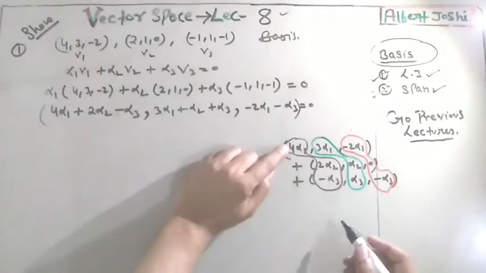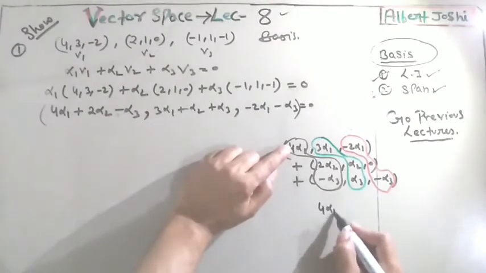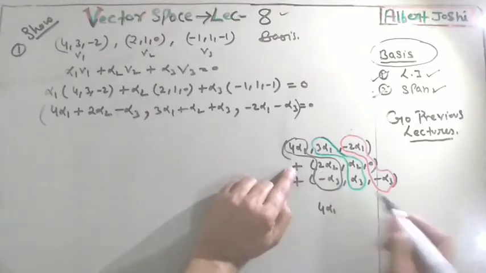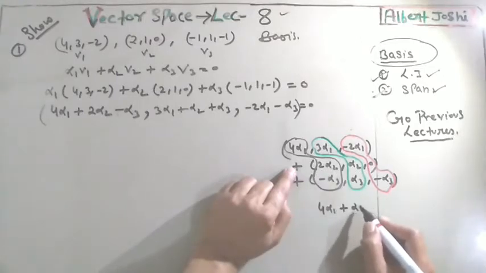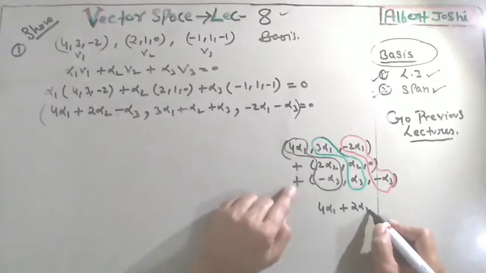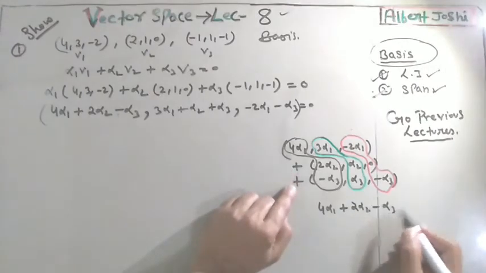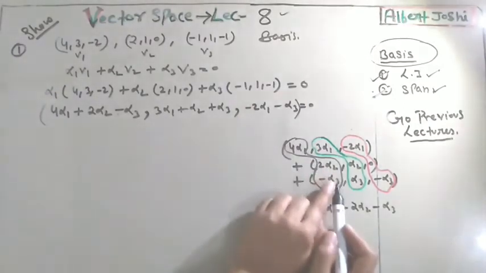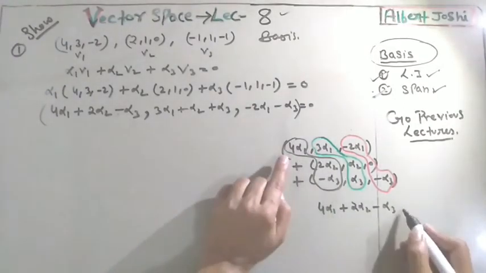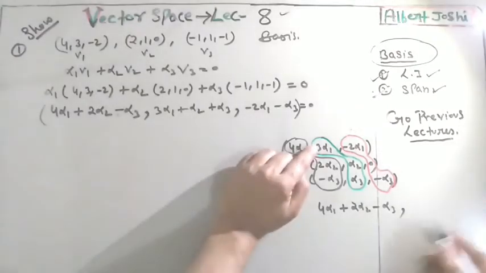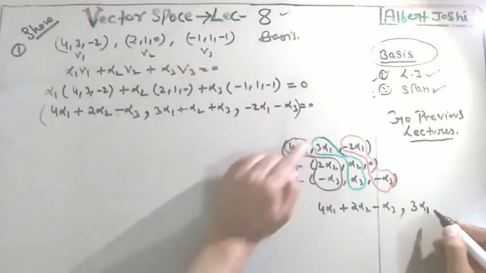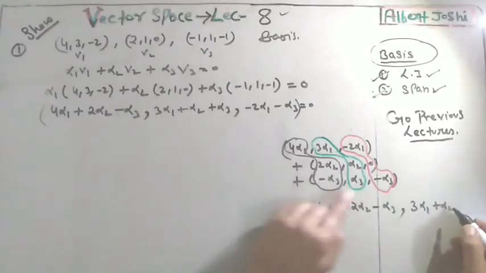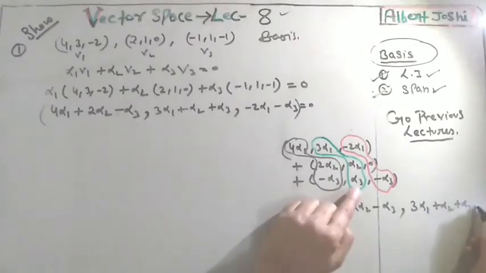So what we have done: 4 alpha 1 plus 2 alpha 2 plus minus alpha 3. This is the first one. Whenever you have taken the first one, then there is a comma, so the comma will come. The second one: 3 alpha 1 plus alpha 2 plus alpha 3.